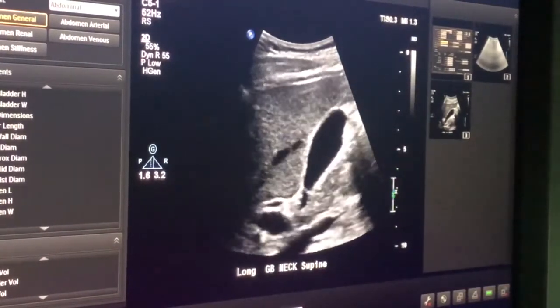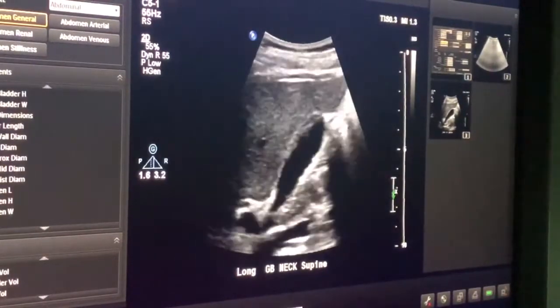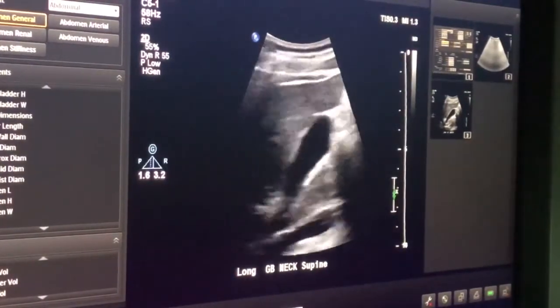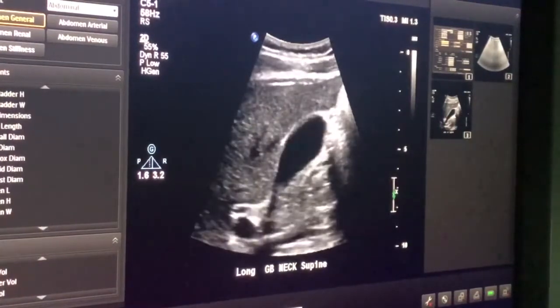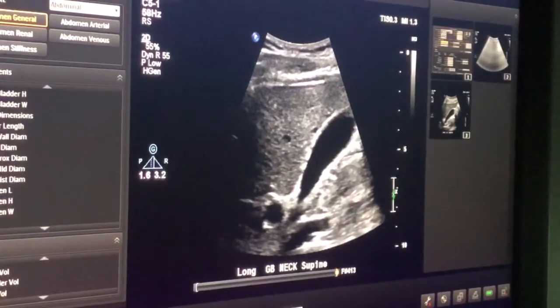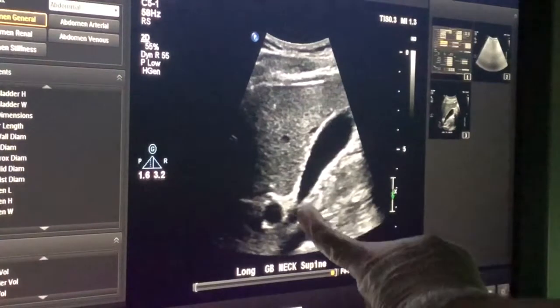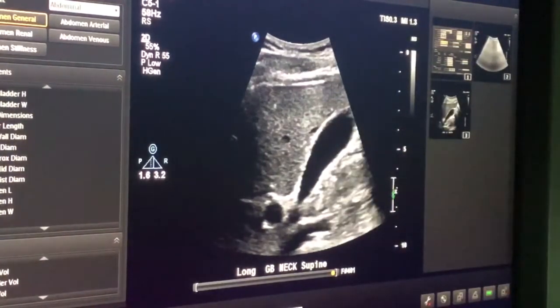I'm going to decrease my focal zone, bring that sector width a tad. Okay, breathe, patient. So in this image, you want to make sure you can still see the other portions of the gallbladder. You don't want them out because then you're going to look like you might not be on true sagittal axis. But we have the neck here, and we can still see the other portions of the gallbladder.